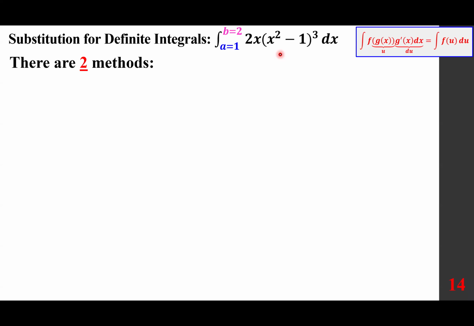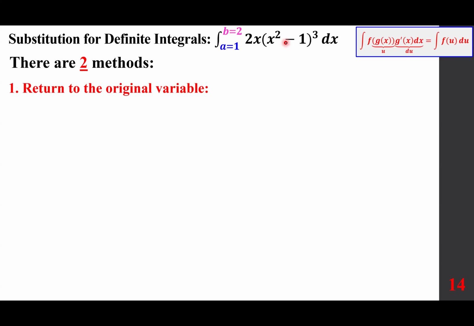And so there are two methods. Return to the original variable, meaning whenever you're done with the substitution, you go back to the original variable and therefore original limits. You don't even have to know what the new limits are. Let's stick with that and then we go with the second method.